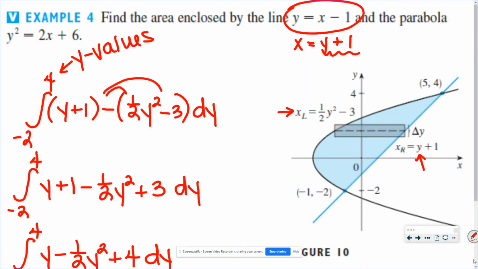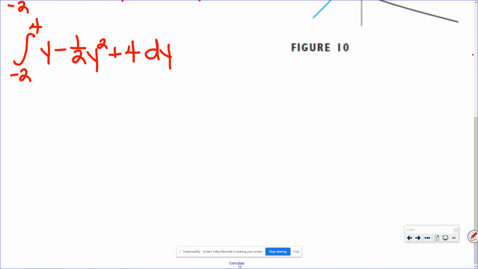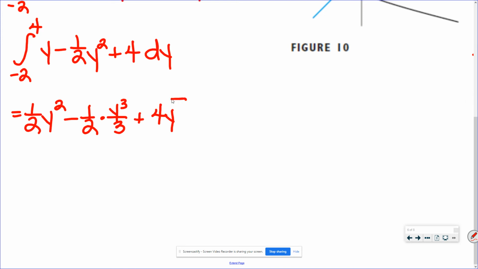So we're going to anti-derive now. Antiderivative of y, that's 1/2 y squared. Antiderivative of y squared, that would be y to the third over 3. And antiderivative of 4 would be 4y. And we are evaluating from -2 on the y-axis to 4 on the y-axis.